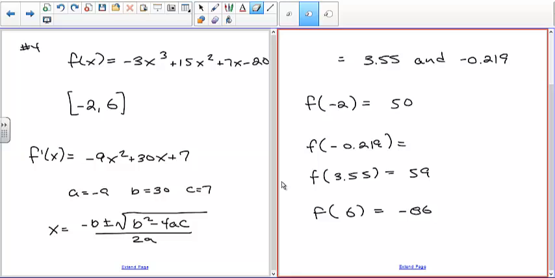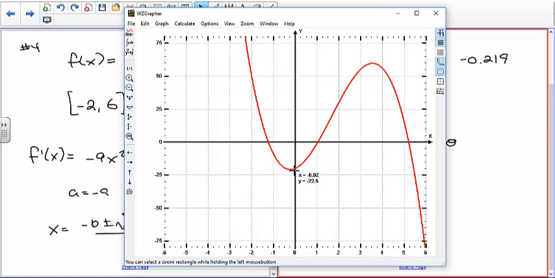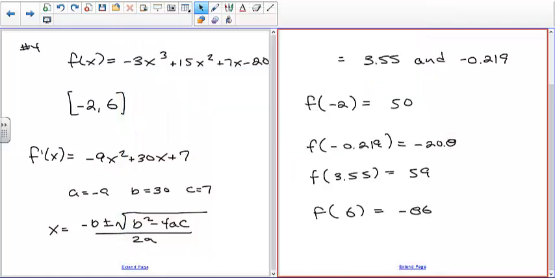Oh, decimal point wrong there. I'm messing all places up. -20.78, that sounds more reasonable here. -20.8, let's say. So let's go ahead and check my answer here. There we go. Okay, so those all look good now.